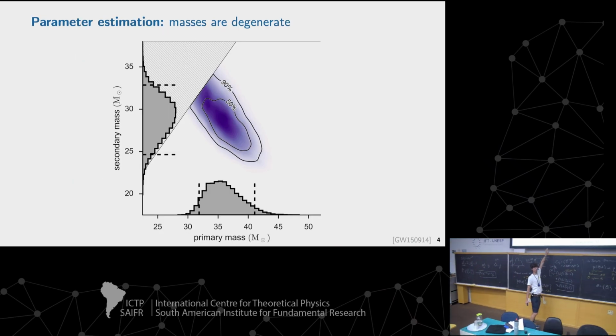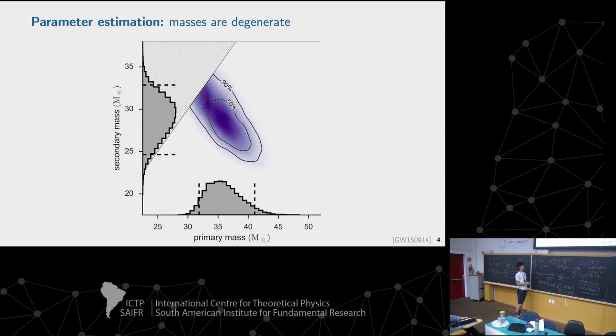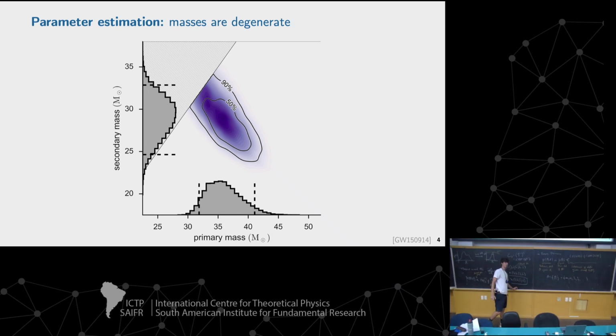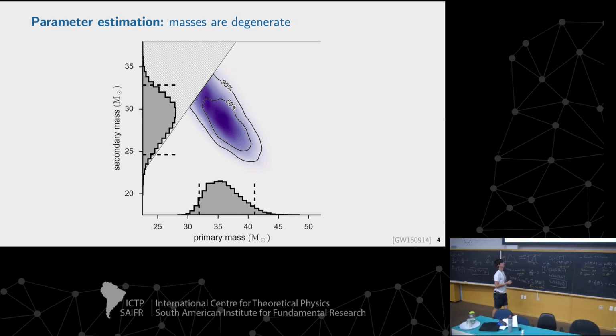The point that I want to emphasize here is that the parameters that we infer can be correlated with each other. In particular, we have derived in this course that the parameter that we measure best is the chirp mass.